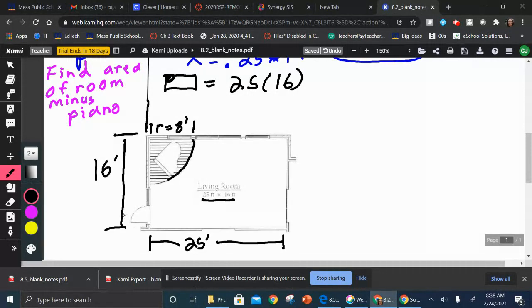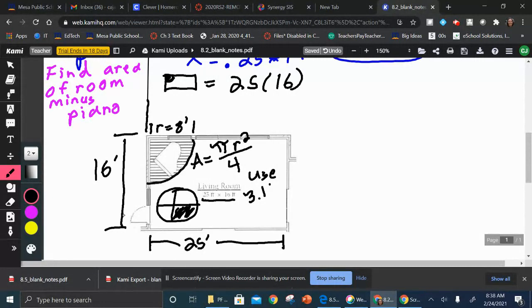So this is a quarter circle. If you think about it, this is 1/4 of a circle. So what we're finding is 1/4. We're going to use area is equal to pi times the radius squared divided by 4. We're going to use 3.14 for pi.